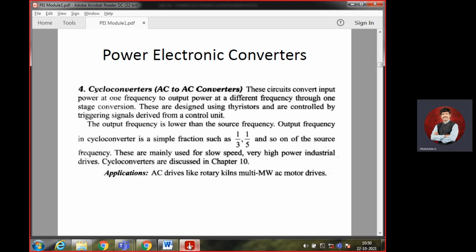So these circuits convert input power at one frequency to output power at different frequencies. That is a cycloconverter; the name itself tells you. It means the cycles are changing. Frequency means cycles. You may have 100 pulses per second, 1000 pulses per second.